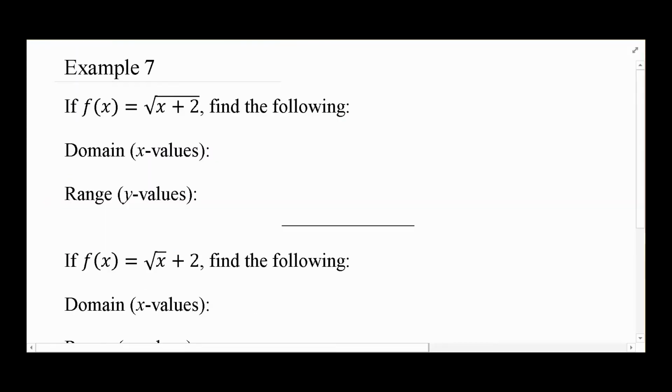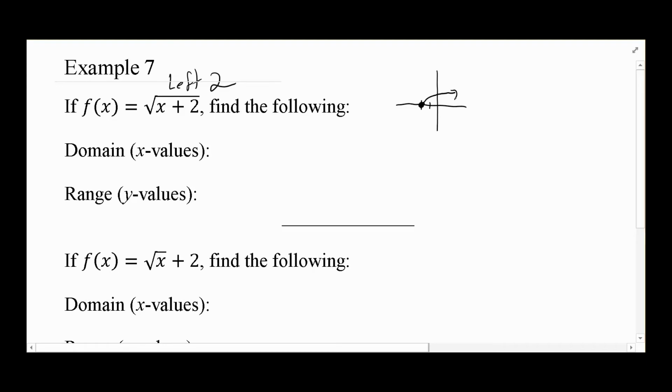So let's look at a couple graphs that have been shifted and look at their domain and range. So the first one is the square root of x plus 2. So if we go all the way back to the first unit that we covered, we know that this shift is a shift to the left by 2 units. So if I were to do a quick sketch of this, the graph of it would look something like that.